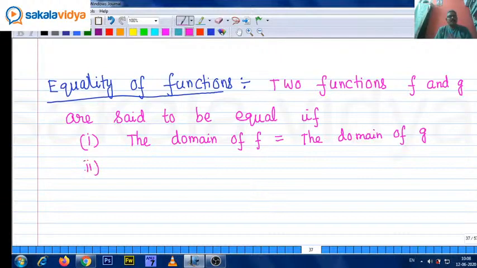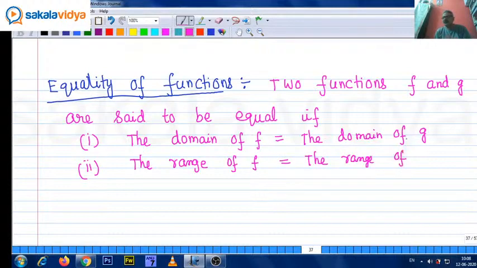Second point, the range of f is equal to the range of g. Third point, then we say that f of x equals g of x, both are equal for every x belongs to the domain.